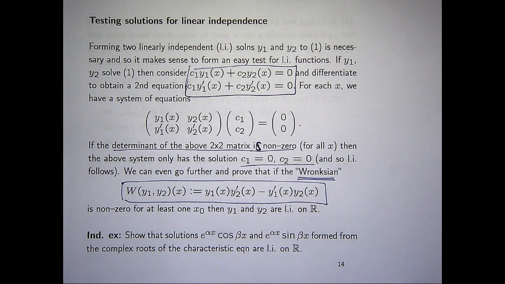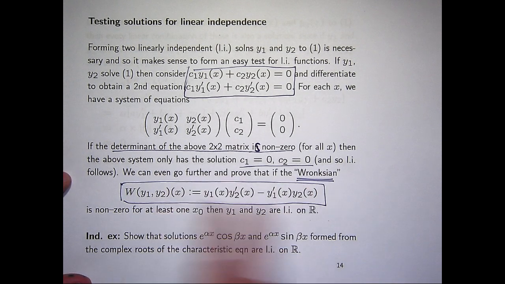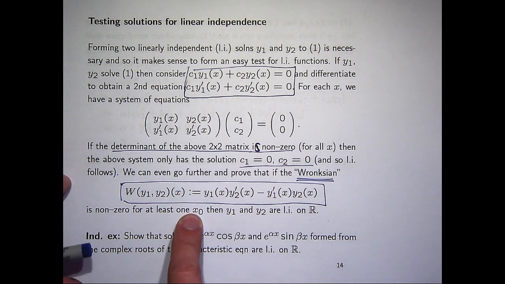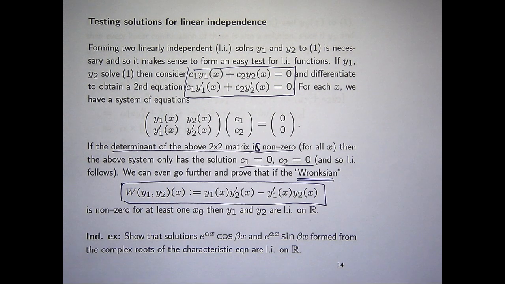This is an important determinant. Now we can even go a little bit further. I'm not going to prove it, but it can be proved that if the Wronskian is non-zero at at least one point, then it's got to be non-zero everywhere. So all you really need to do is test the Wronskian and see if you can find a point where it's non-zero, that implies that it's non-zero everywhere.